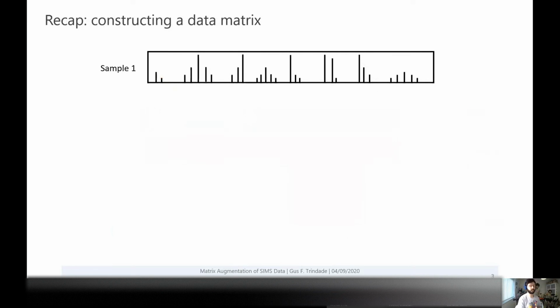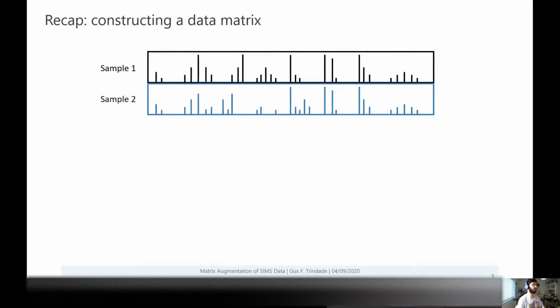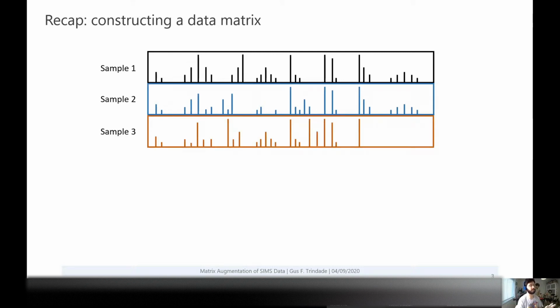Just as a recap, if you're interested, we can put in the workshop Teams the links for the talk I gave about all the background in MVA. But this is a quick recap on how we construct a data matrix before we do MVA. You have a sample, you have the spectrum, and you select a specific number of peaks, and you store all these peaks for one sample, and then you do it for the next sample using the exact same variables, which are the peaks.